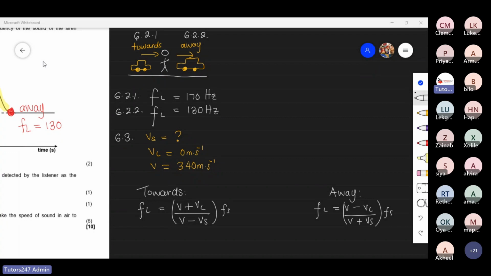Okay, so someone mentioned, may you please re-explain the velocity part? Let us go back to our question so that we can explain the velocity part.